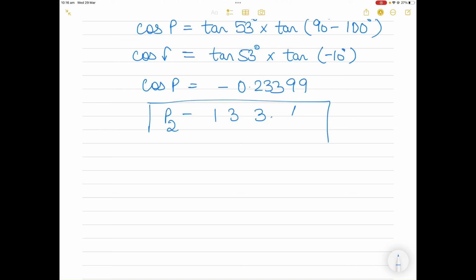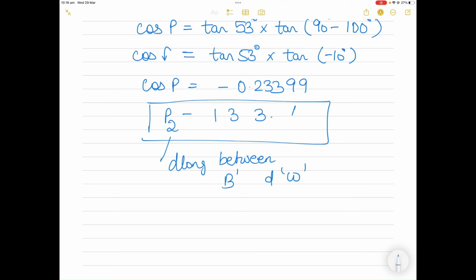I will call it P2 in this case because this is the D long between position B and W.